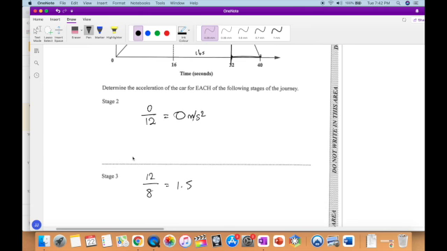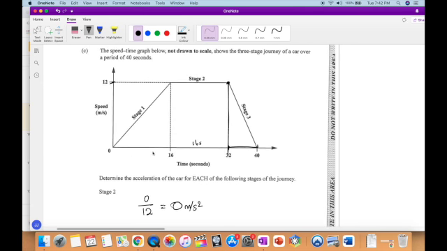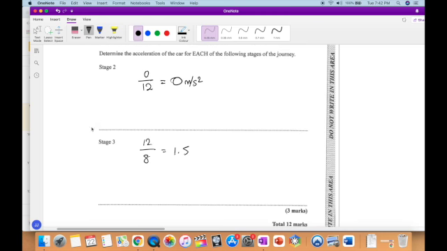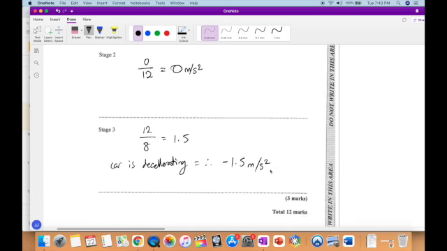But it'll actually be negative 1.5 because the car is slowing down. It's going from 12 to 0. So the car is decelerating. I think decelerating only has one L though, right? So therefore, negative 1.5 meters per second squared.